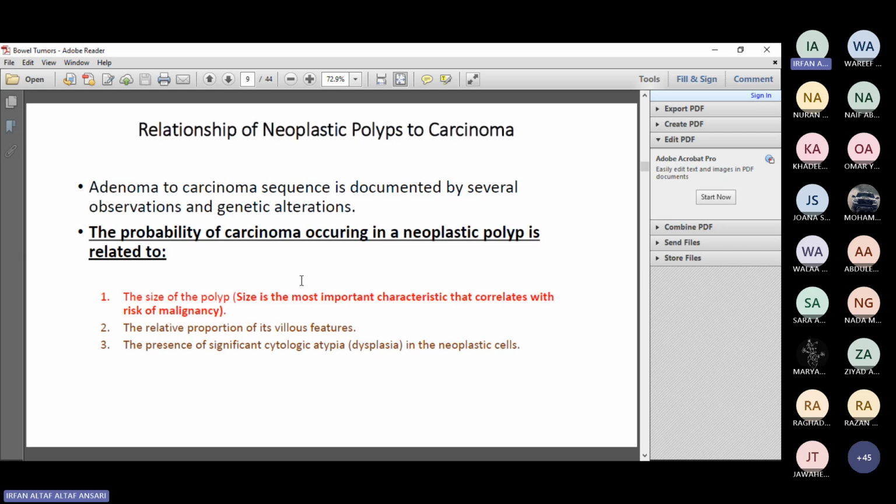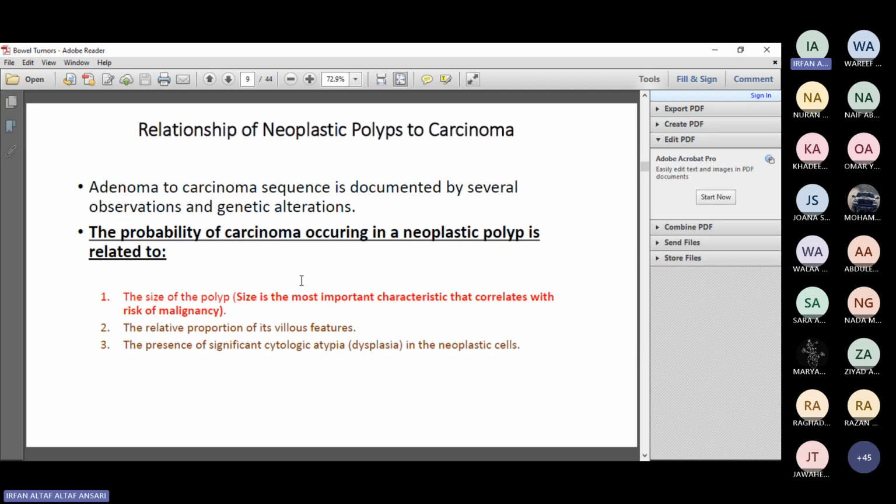So you should not stop the diagnosis with just the adenoma. You must carefully look for whether it is a single adenoma or multiple, whether they are associated with a syndrome, whether there is dysplasia, and what the level of dysplasia is, whether mild or severe.